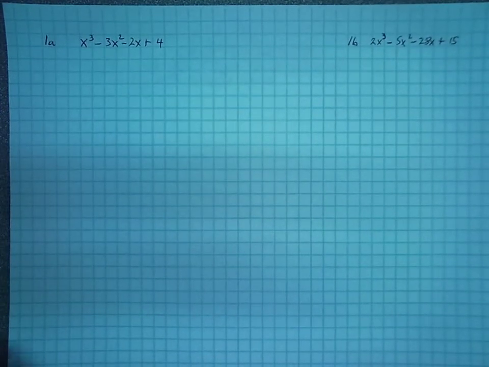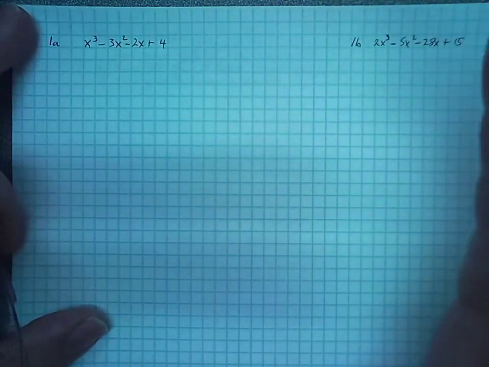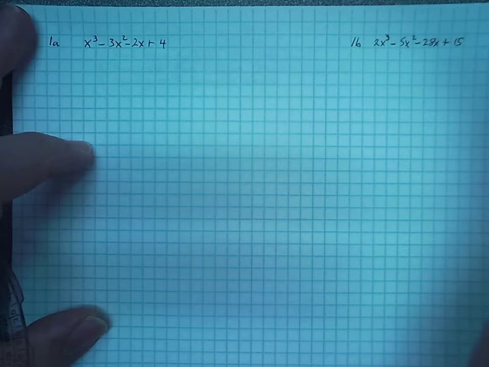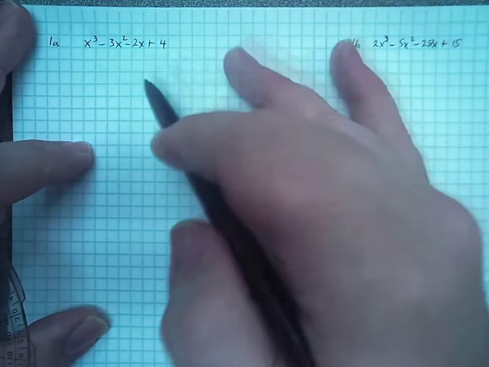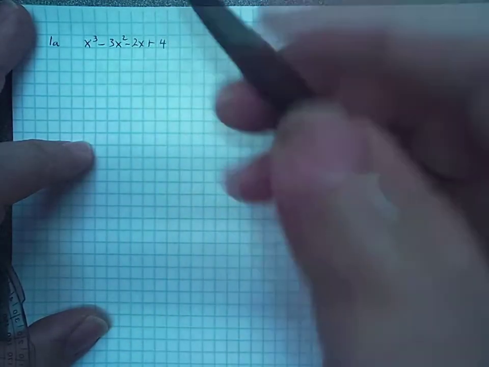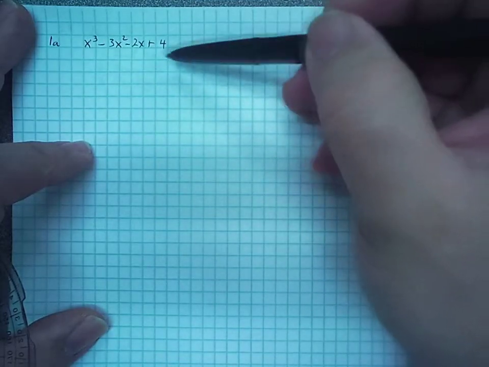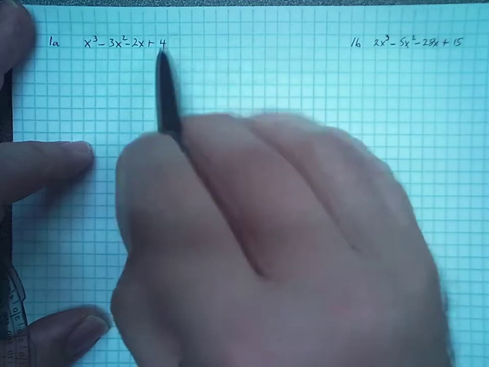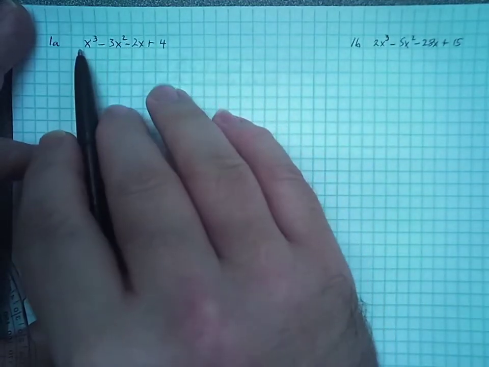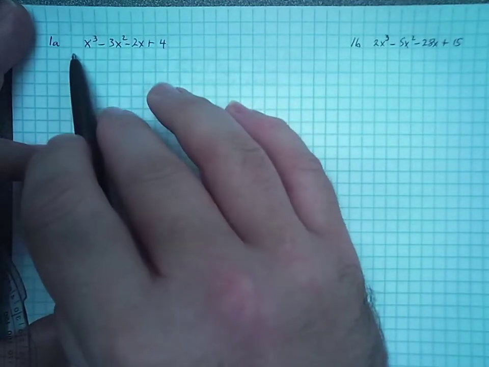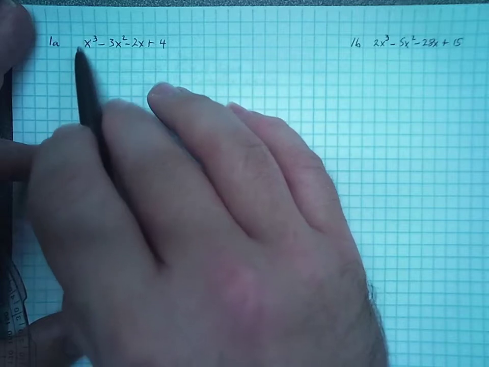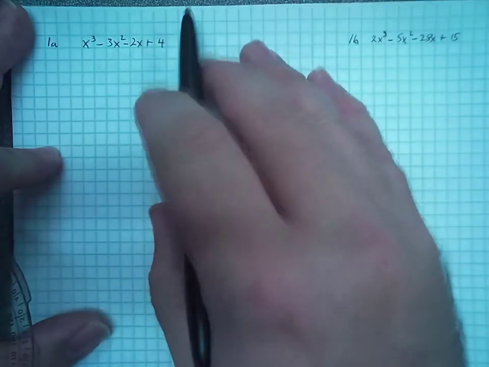But the rational zeros theorem, in a nutshell, says if a polynomial has rational zeros, if it has nice zeros, then they're going to be fractions such that the top of the fraction is a factor of the constant term at the end of your polynomial, and the bottom is a factor of the leading coefficient, the number in front of your polynomial.